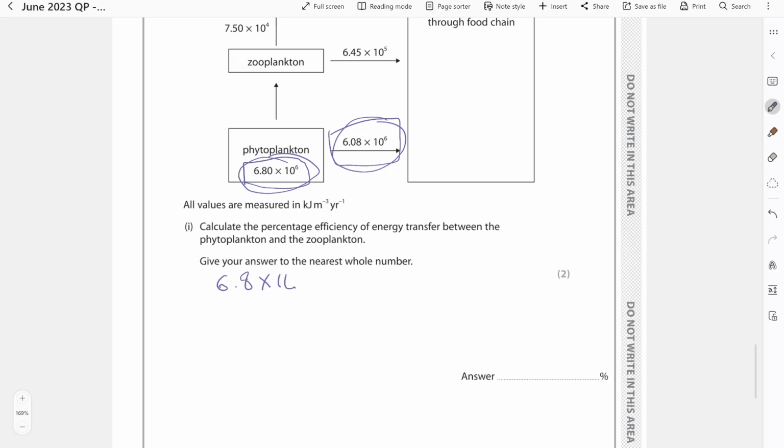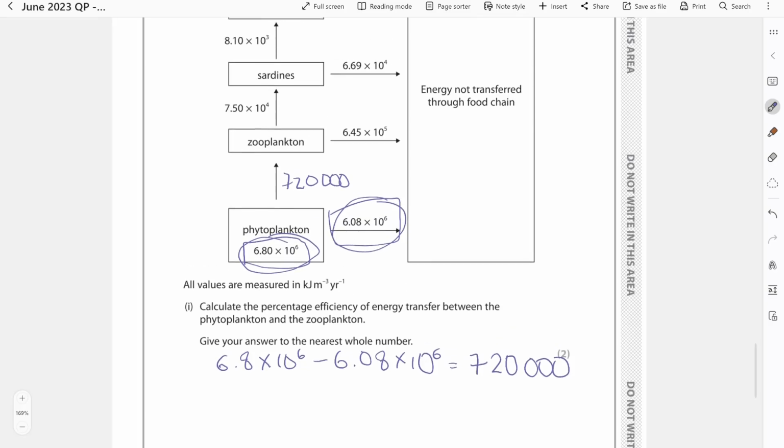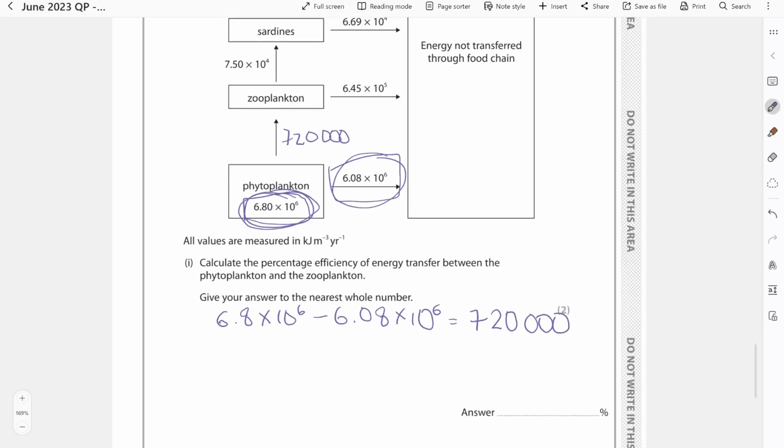6.8 times 10 to the power of 6 minus 6.08 times 10 to the power of 6. And so that gives us 720,000. And then afterwards, to find out the energy transfer percentage efficiency, we do that number divided by this number here.